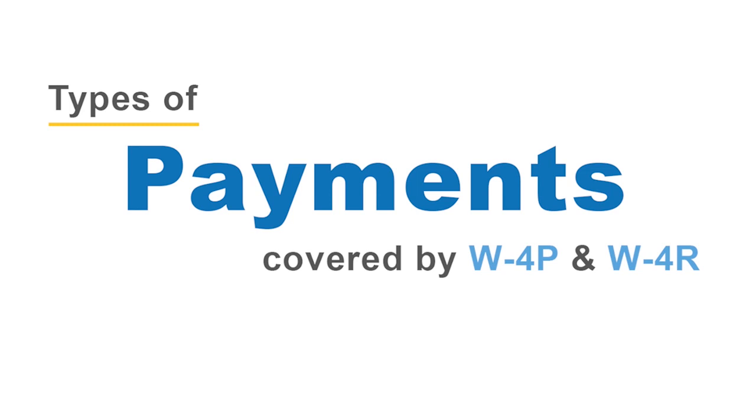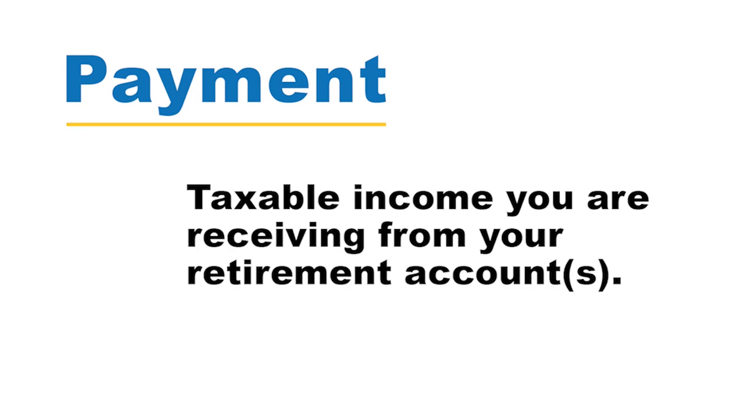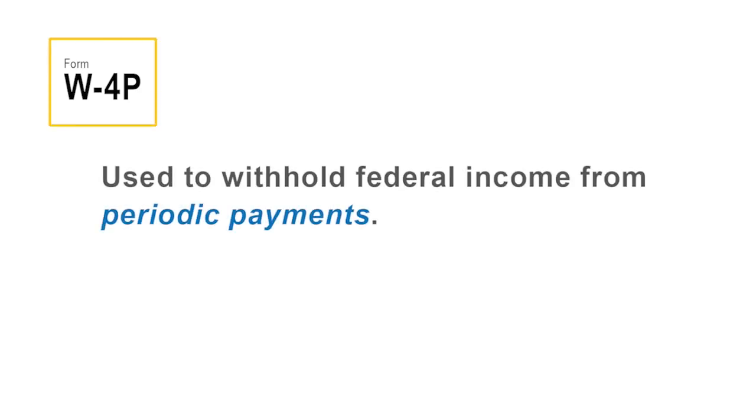Let's take a closer look at the types of payments covered by each of these two forms. In this context, the word payment refers to the taxable income you are receiving from your retirement account or accounts. As stated previously, Form W4P should be used to withhold federal income tax from periodic payments.